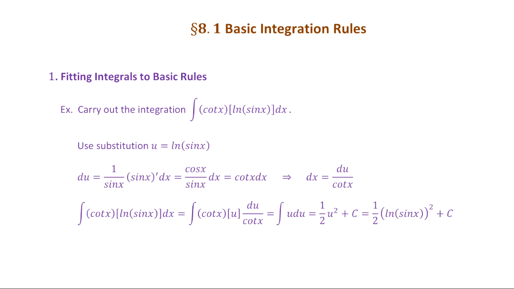Divided by cotangent x on both sides, so you can rewrite dx equals du over cotangent x. And then we can carry out the integration by replacing x with u for the substitution. So ln sin x is just u, so we get cotangent x times u, and dx is just du over cotangent x.